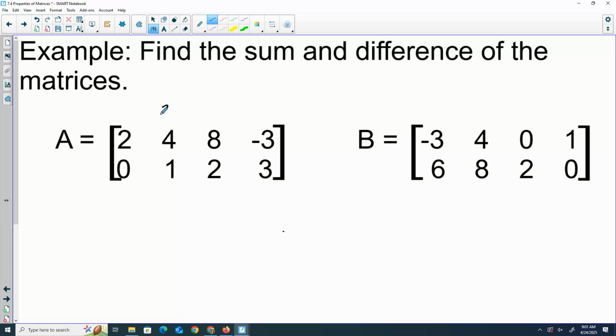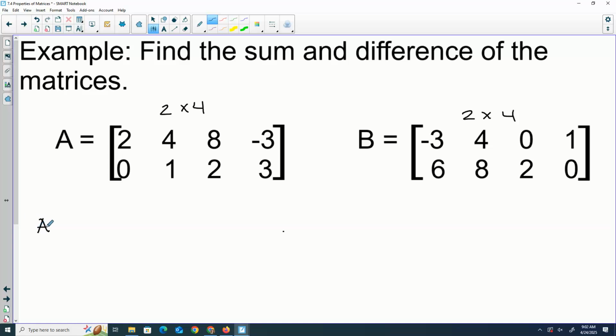When I look at matrix A, it has 2 rows, 1, 2, 3, 4 columns. It is a 2 by 4 matrix. When I look at matrix B, it has 2 rows and 4 columns. So both of these are 2 by 4. That means we can add them. If they weren't the same size, it would just be no solution. You couldn't add them together.